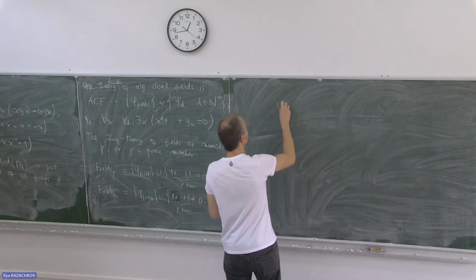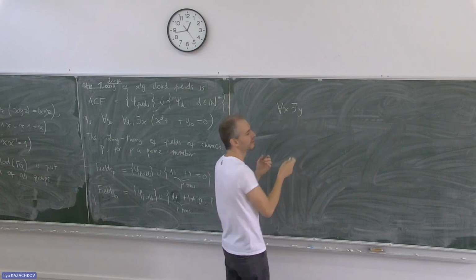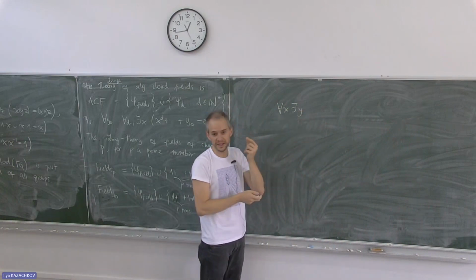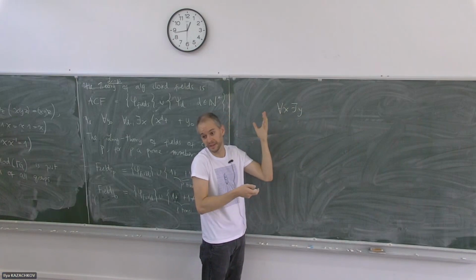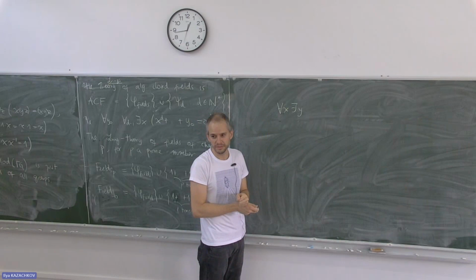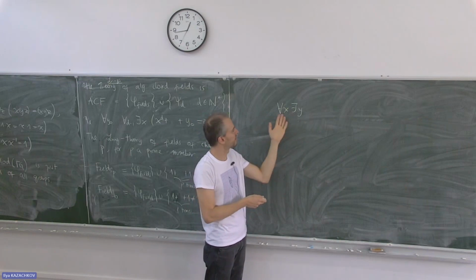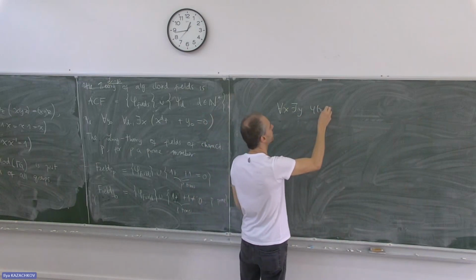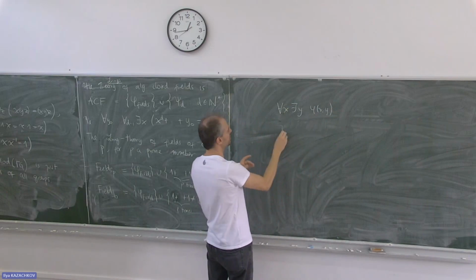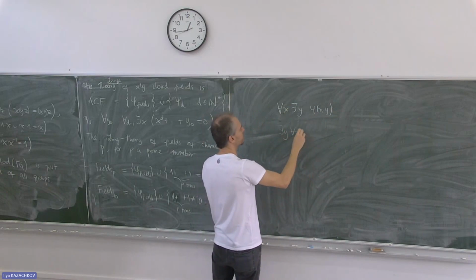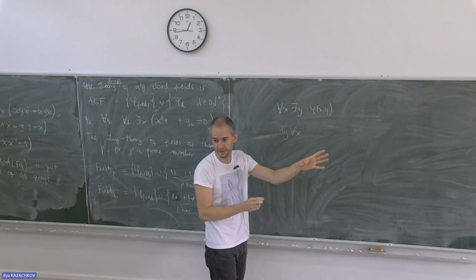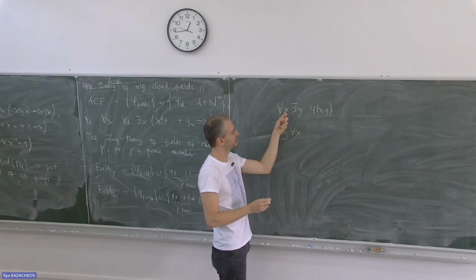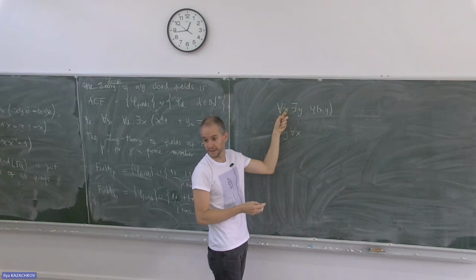If you have for every x there exists y, you cannot just directly take some y because this y is going to depend on x. If I have a formula phi of x, y, this is definitely not the same as there exists y such that for all x. These two formulas are not the same, so you cannot directly take all the existentials. This there exists will depend on the x that you choose first.